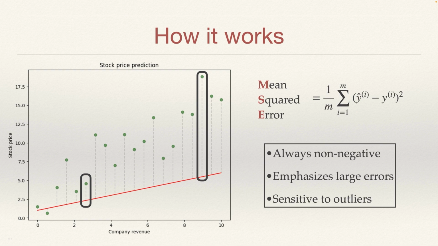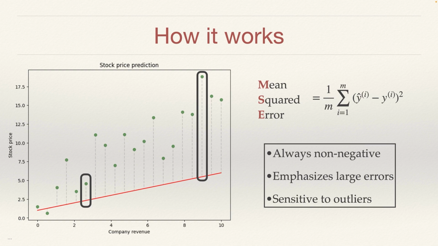Then you might ask, why are we squaring all these differences? The answer is that we want to prevent cancellation. So, cancellation: if we just summed up all the raw differences, we would have positive and negative errors. And those negative and positive errors can cancel each other out. And this could lead to misleading conclusions because we want to sum all of the error terms.